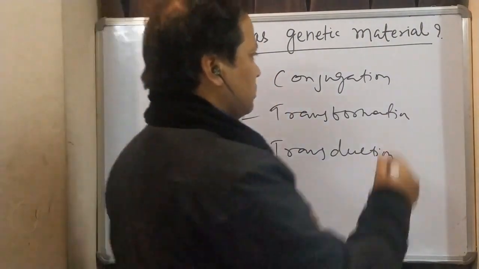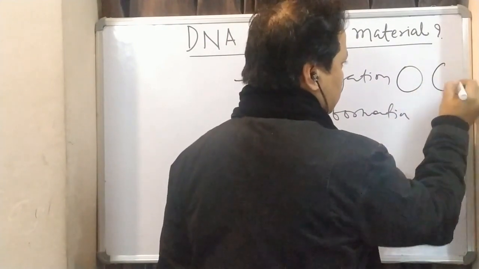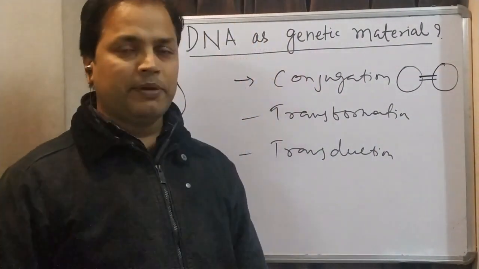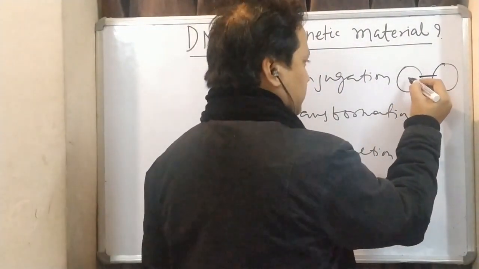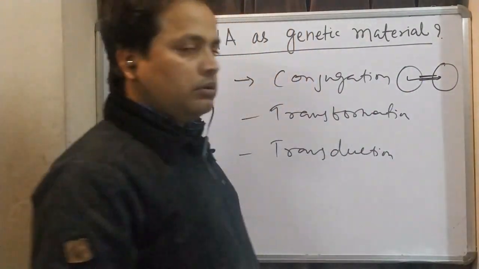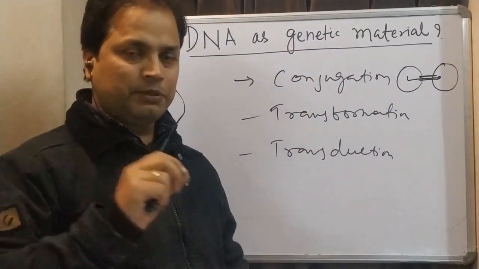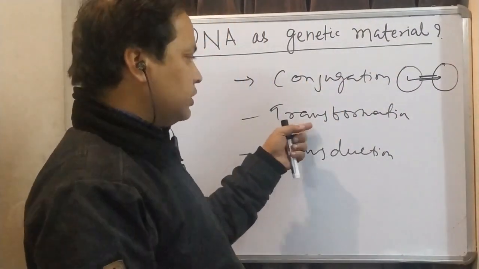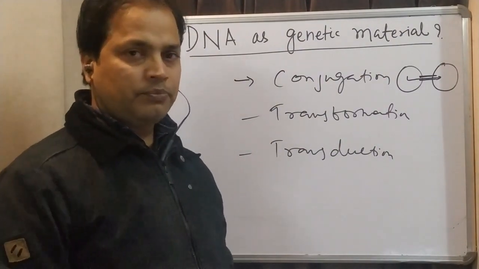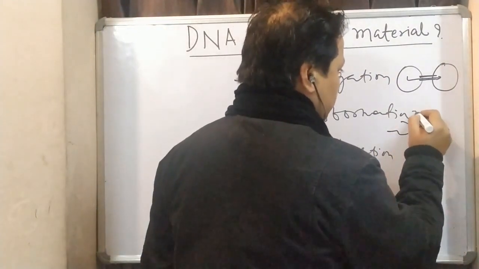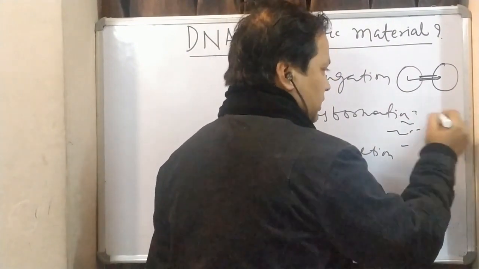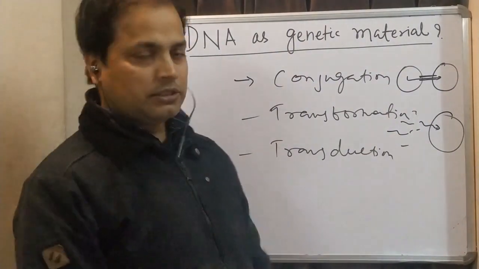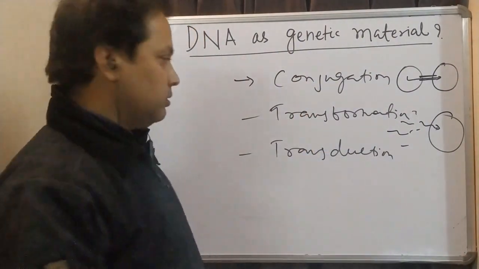In conjugation, one bacteria can transfer its genetic material to the other bacteria through a channel, the F plasmid pili, or sex pili. In the transformation process, which we saw in Griffith's experiment, any DNA present in the surrounding media can be taken directly into the bacterial cell.